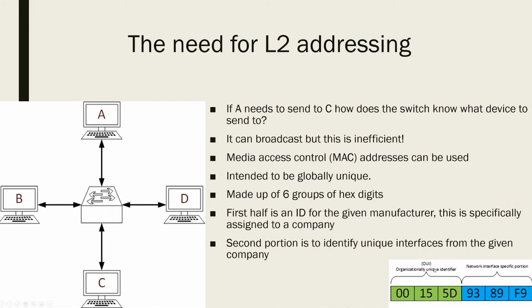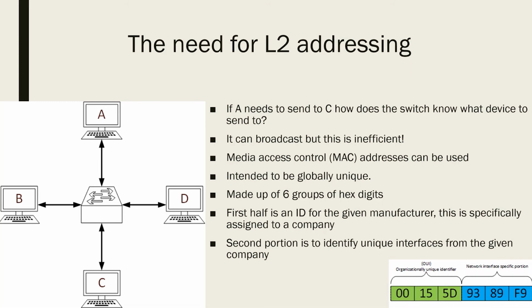So that could be Cisco, that could be Asus, that could be Lenovo, that could be whoever produces some kind of physical hardware or virtual network interfaces. They should have some kind of globally unique identifier to say, this MAC address is from Cisco, for example, or this is from Asus. And those MAC addresses are then assigned to physical interfaces or virtual interfaces.